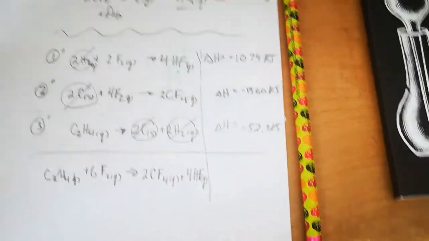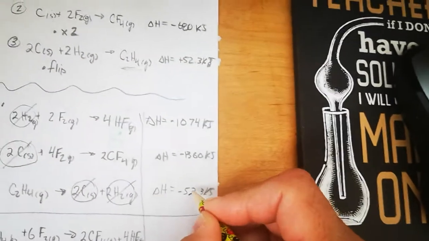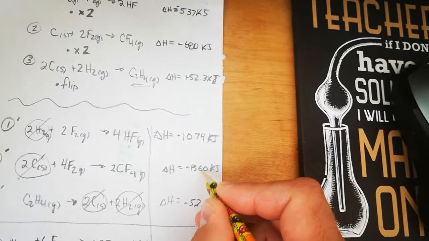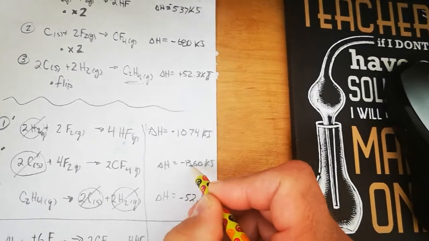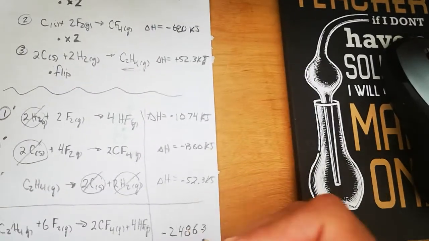Do I have a calculator? I don't feel like adding this in my head right now. All right. 2, 6, 11, 18, carry the 1, 4, 2, negative.